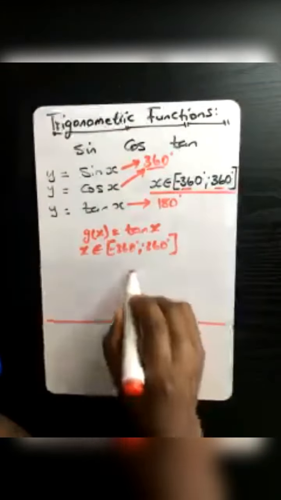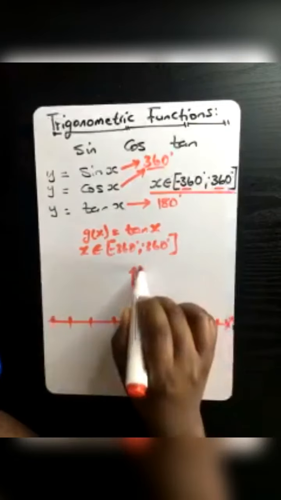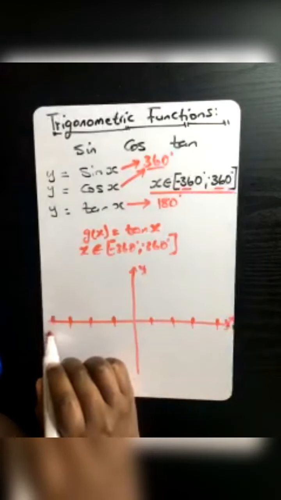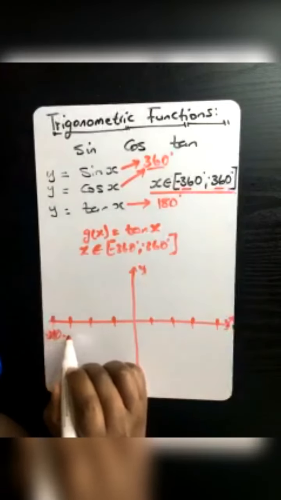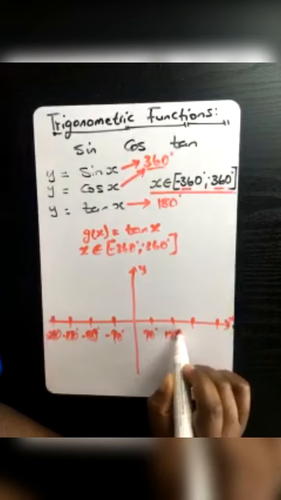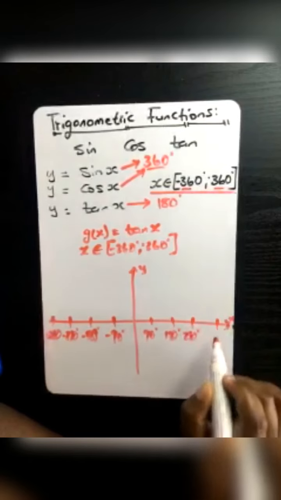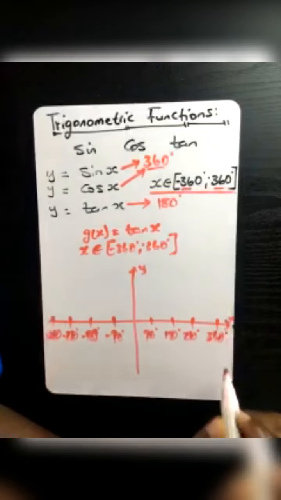Because of this, you must start at negative 360, then 90, 180, and so on, on the x and y axes. So this is negative 360, negative 270, negative 180, negative 90. Then positive 90, positive 180, positive 270, positive 360.